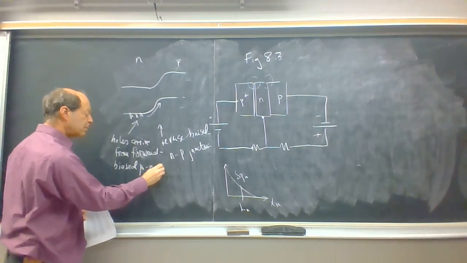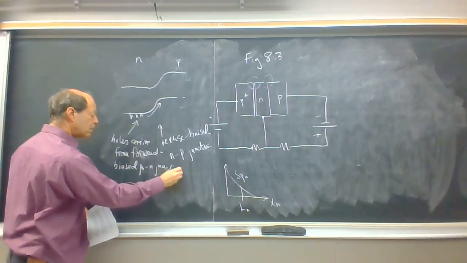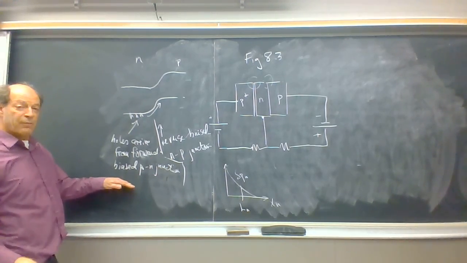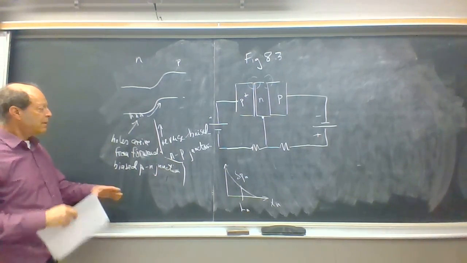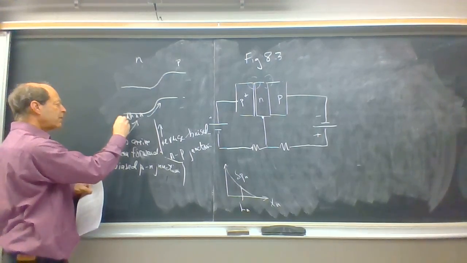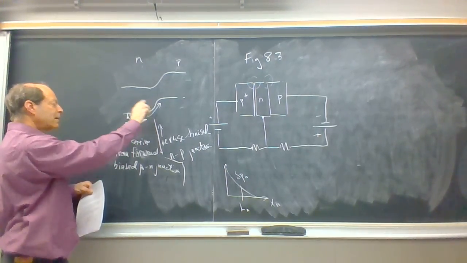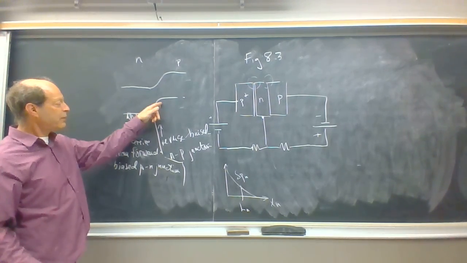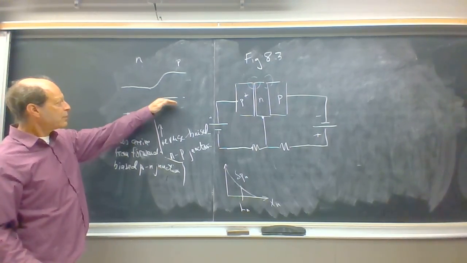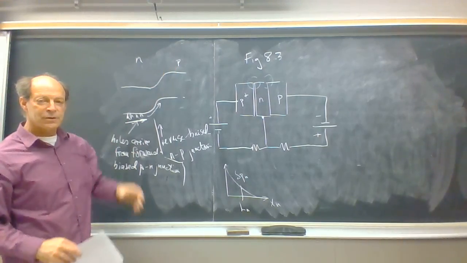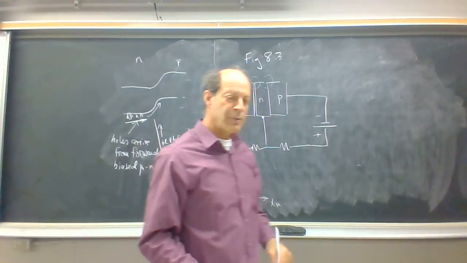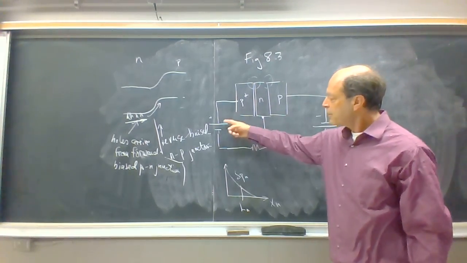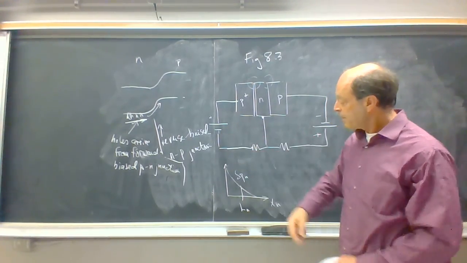Okay, so you have holes arriving from a forward biased PN junction. Those holes travel to the right. As soon as they experience this electric field, they will drift towards the P region.